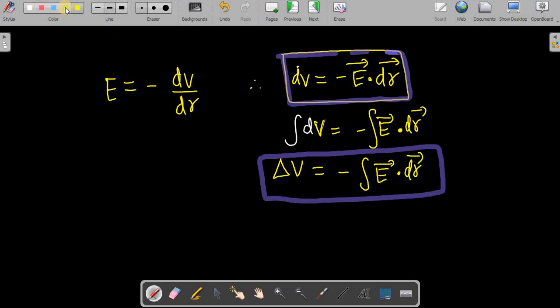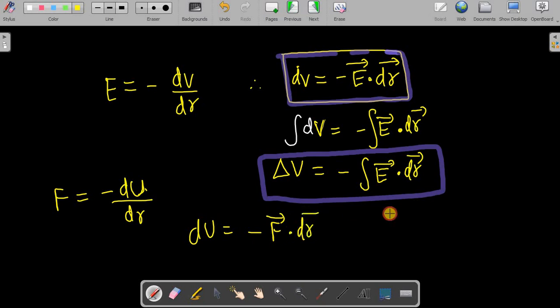In the same manner, this force F in 1 dimension, we can write it as minus dU by dr. Again, when you bring this to the other side, dU becomes minus F vector dot dr. And when you integrate, both sides you can integrate also.